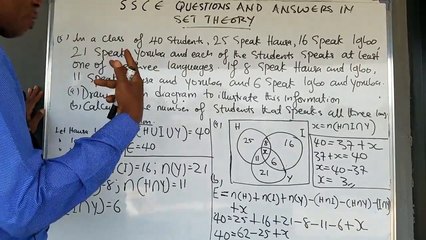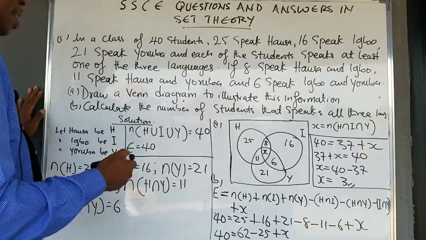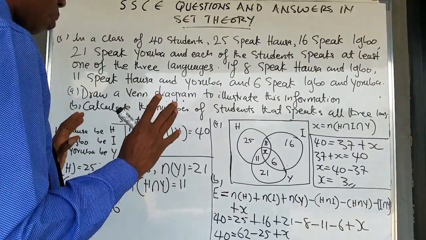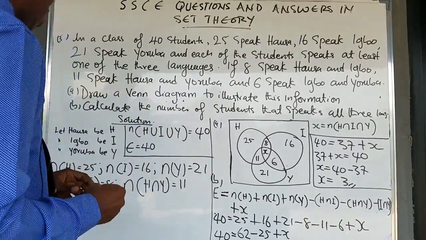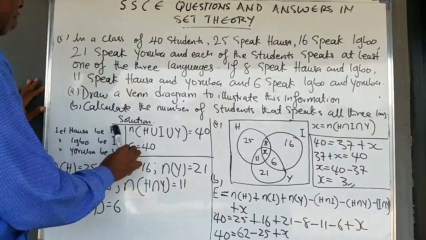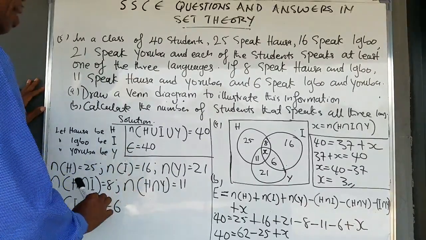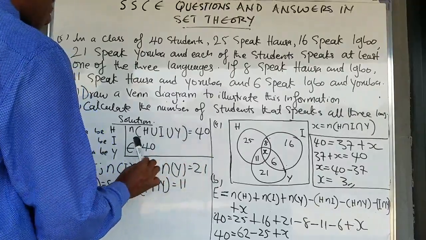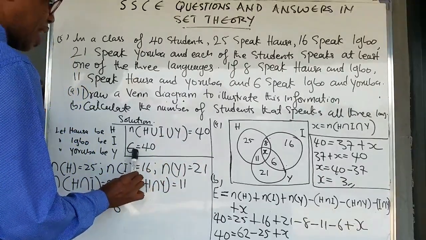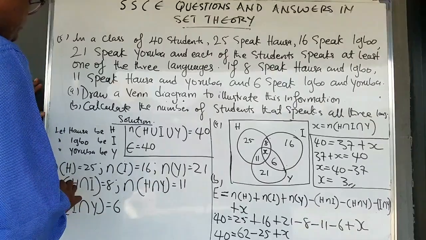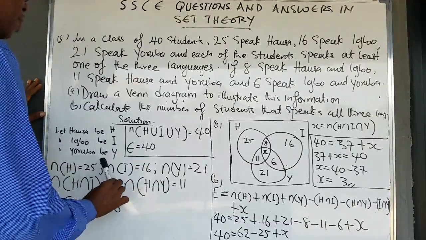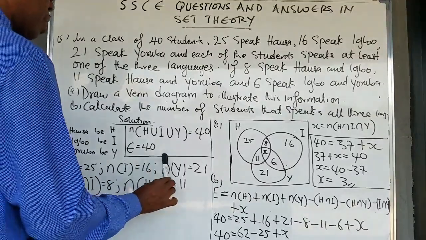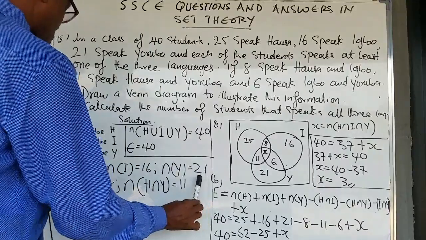All these have been solving 2 sets. This is 3 sets. And when you get to 3 sets, become more careful in your calculation. I first of all listed them Hausa, Igbo, Yoruba. And I said that Hausa union Igbo union Yoruba is equal to 40. And that's our universal set, E is 40. The number that speak Hausa is 25. Number that speak Igbo is 16. Number that speak Yoruba is 21.